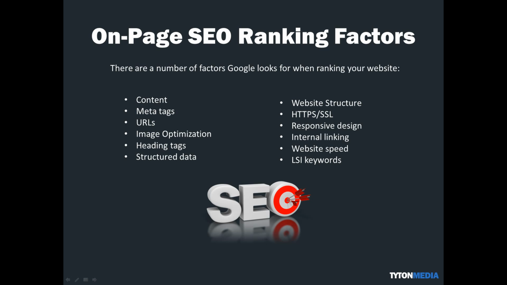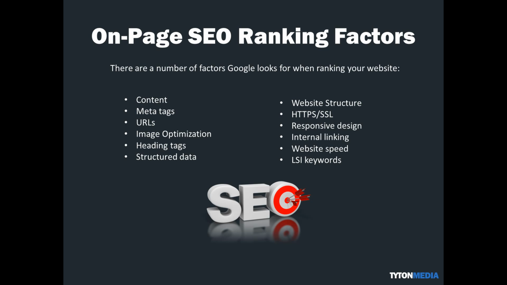So what are all of the ranking factors for on-page SEO? There's quite a lot of them, and we're going to go through each one of them step by step in detail and show you how to implement these on your website. So there's content, meta tags, URLs, image optimization, heading tags, structured data, website structure, HTTPS, SSL, responsive design, internal linking, website speed, and LSI keywords.